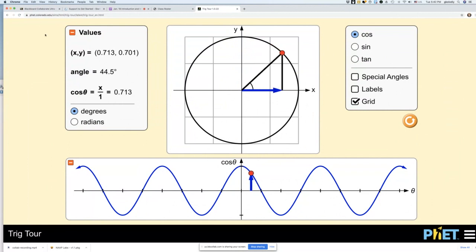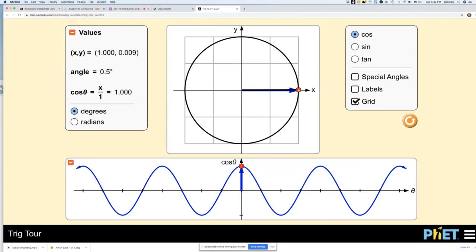These are the coordinates right now over here. You can see the coordinates of that grid, and the angle, and this is the cosine. Don't forget, the cosine is adjacent over hypotenuse. This is x, where the x is before. Now, the x is 1 right over here at 0 degrees, so cosine is going to be 1, so it's x over 1.